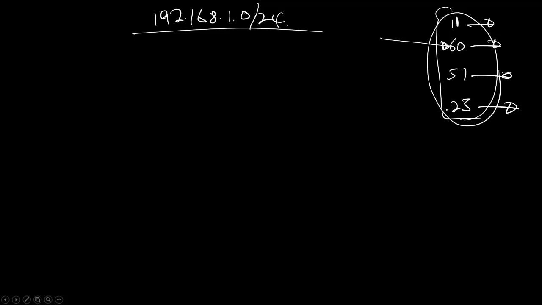Now let me ask a question in lay language. 2 to the power what do we get a number which is closest to 60? What needs to be the power here? 6. 6 will give us 64, right?